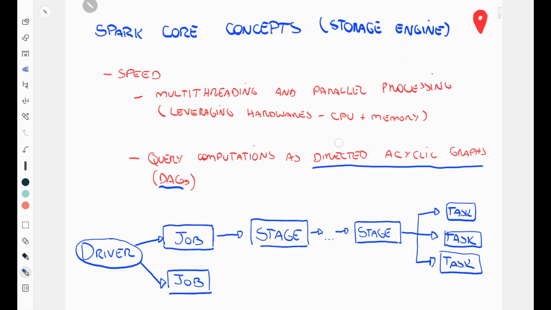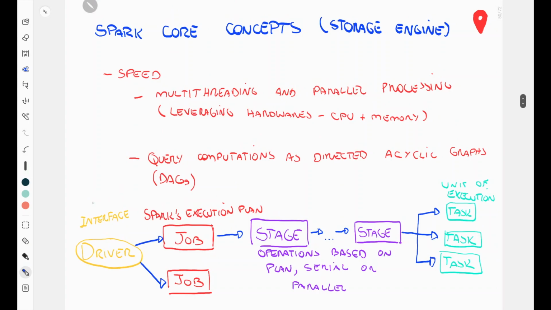And here we have one illustration of how speed is leveraged, and how it leverages some of the Spark concepts.